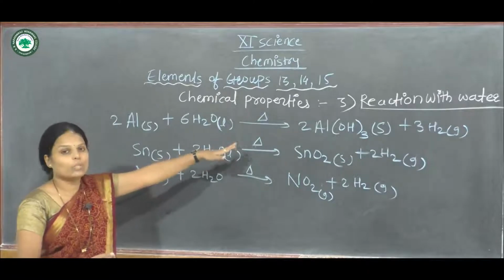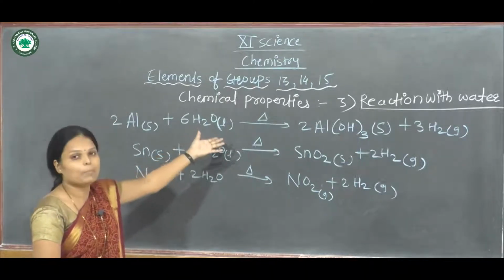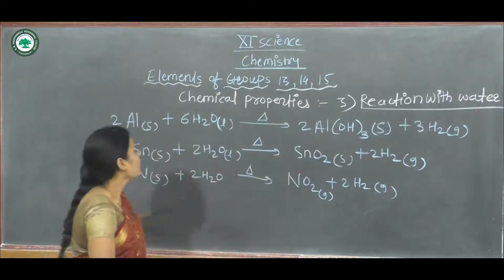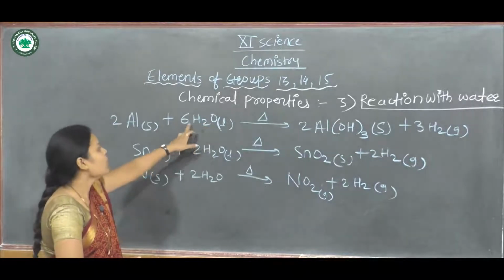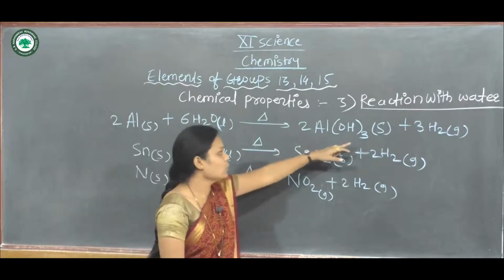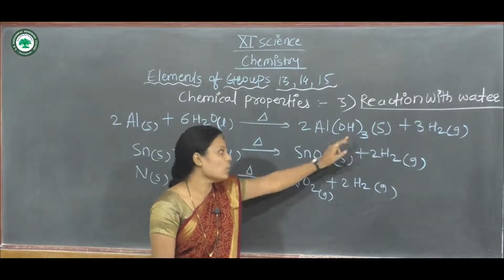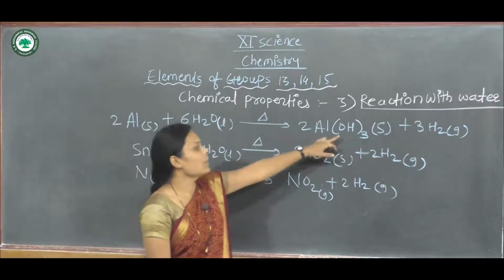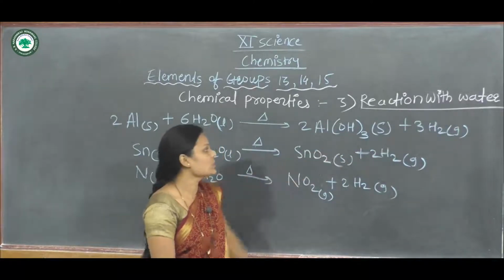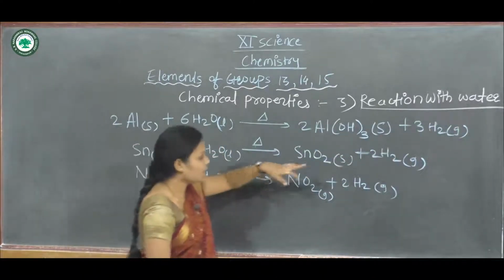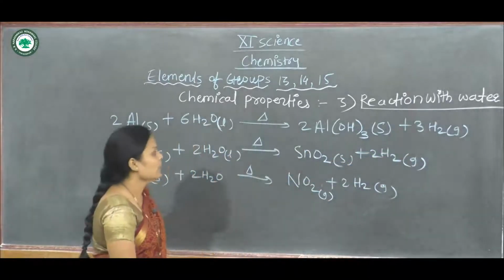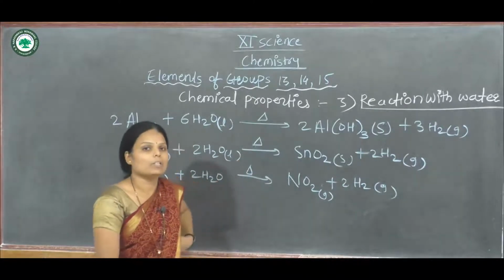Now we check whether the reaction is balanced or not. Here there are 2 aluminium. 6 H2O means 12 hydrogens are present in the 6 H2O molecules. 2 times 3 is 6 oxygen, so the oxygen is balanced. The remaining 6 hydrogen: 3 times 2 is 6, so 6 hydrogen is also remaining, which means the reaction is balanced.